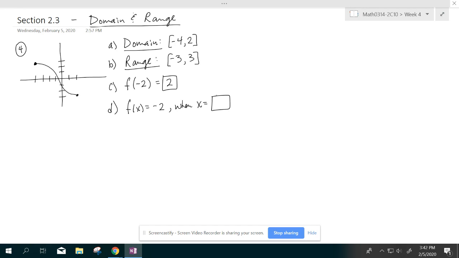So where does it hit on the y? Okay, so when x is 0, we're at about negative 1. So we want to know, if y is negative 2, y is negative 2.